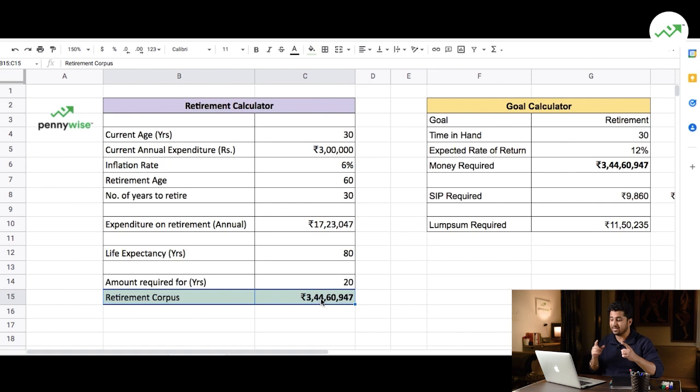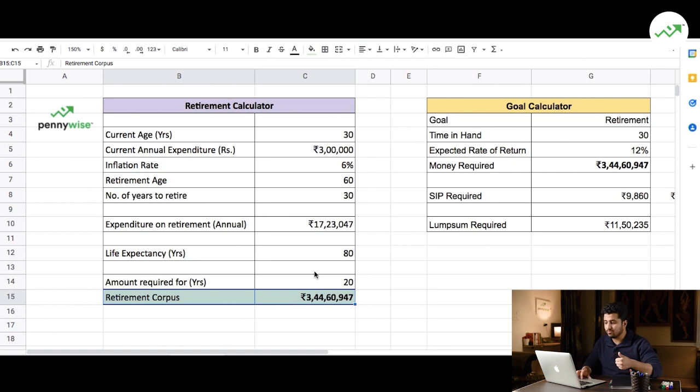Once again, this 3.5 crore rupees, we also assume that you will keep this invested. At 60 years, when you get 3.5 crore rupees, you do not take out all of it at once. You take out 17 lakh 23,000 at a time, continuing to keep the remaining invested. It doesn't mean that you take it all out and forget about investments.